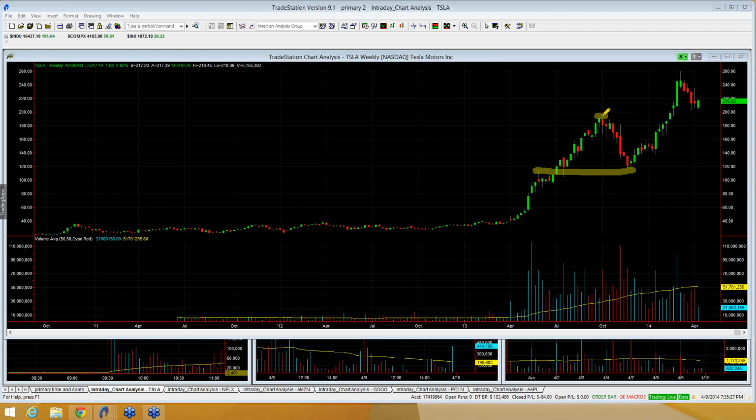Tesla pulled back from that high. We've since gotten above it. Look at where Tesla has pulled back to on this weekly chart, right on top of that previous high. Another instance of previous resistance possibly being new support. So to me, that is long-term bullish and supportive of higher prices on Tesla.